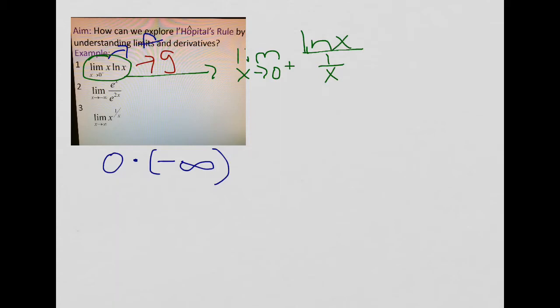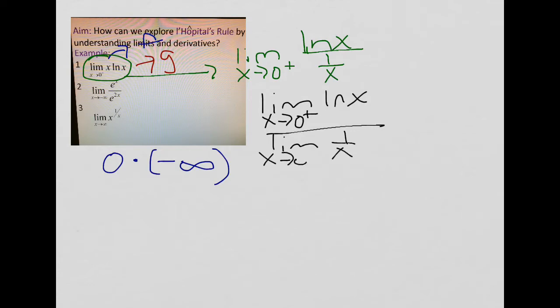So if we were going to use L'Hopital's rule like we did yesterday, we would use this over this, and we're going to start to take its derivatives. This is the stronger version.